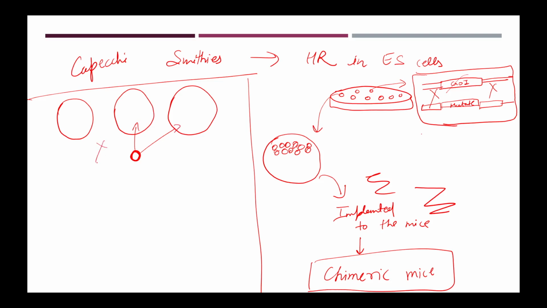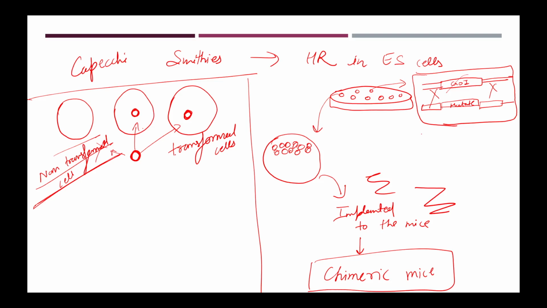Like here, it did not get incorporated, but it went into these cells. This cell is referred to as a non-transformed cell, and these two cells are referred to as transformed cells.